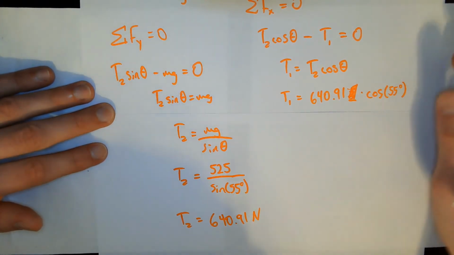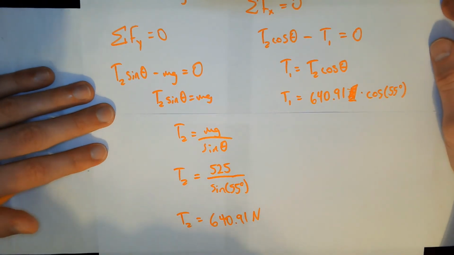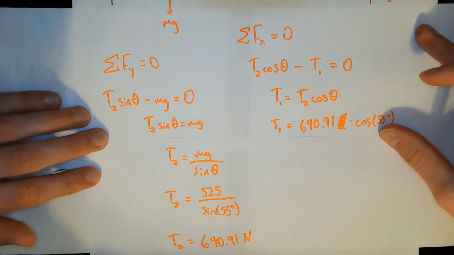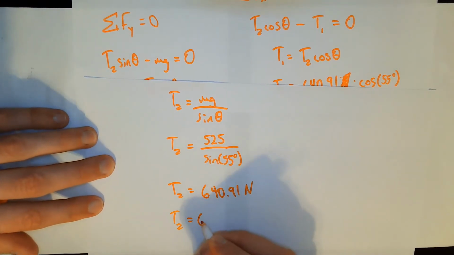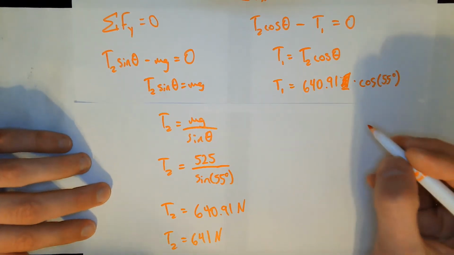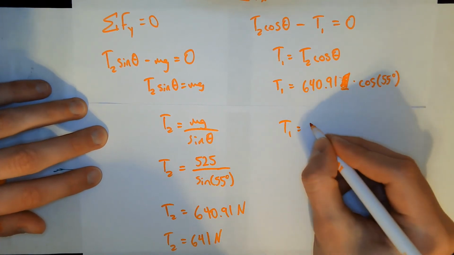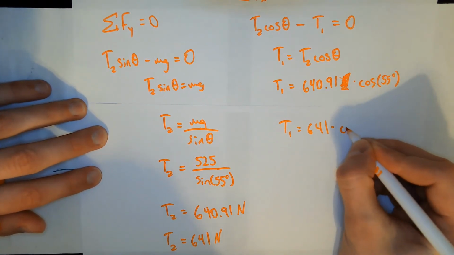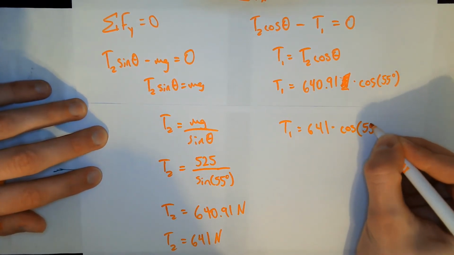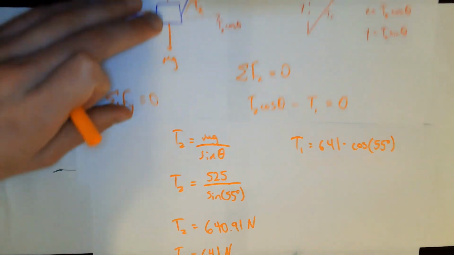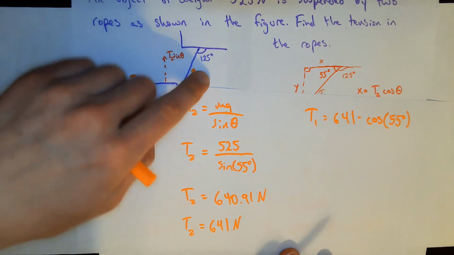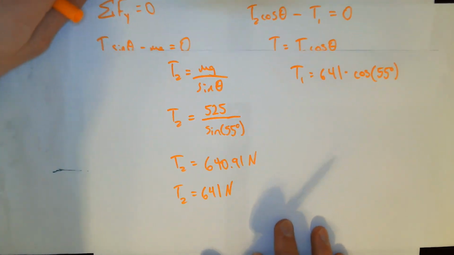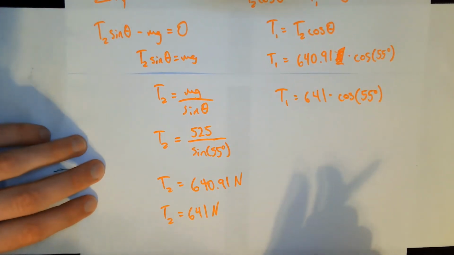Now really, I guess I should only be keeping at most 3 significant figures because that's what I was given in the problem. So maybe I should say 641 newtons, and then right up here I'll say T1 is equal to 641 times cos, just because in the problem I was given 3 significant figures, and also in my angle 3 significant figures, so I should stick with that.